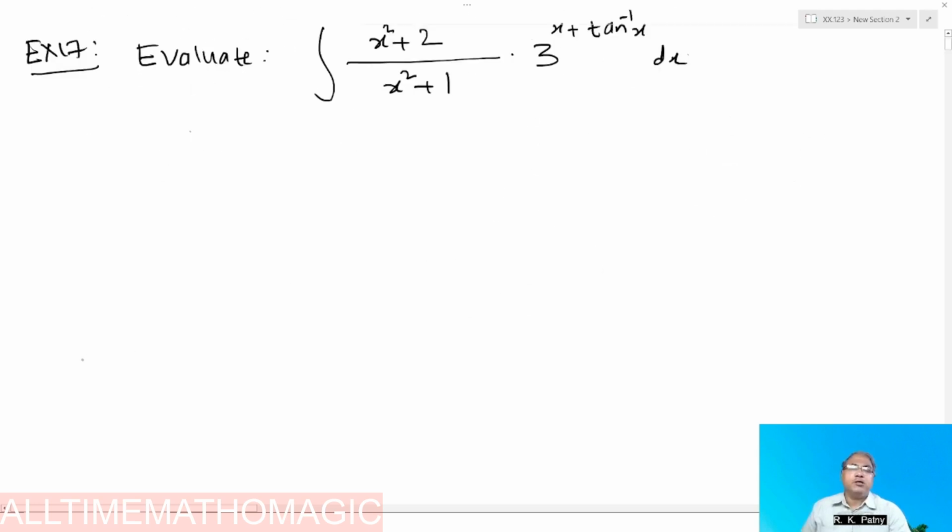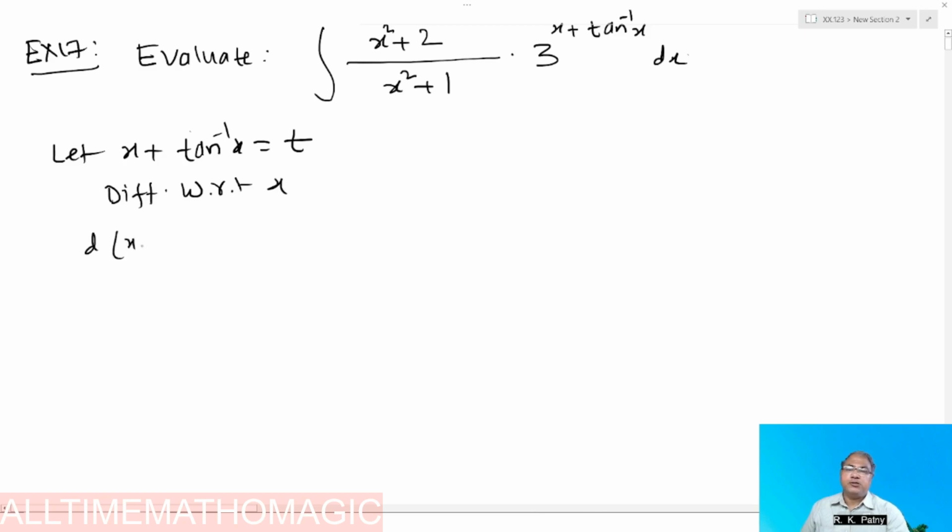Evaluate integration of x square plus 2 upon x square plus 1 into 3 raised to x plus tan inverse x with respect to x. This is example number 17. Now here let x plus tan inverse x equals to t, differentiating with respect to x.